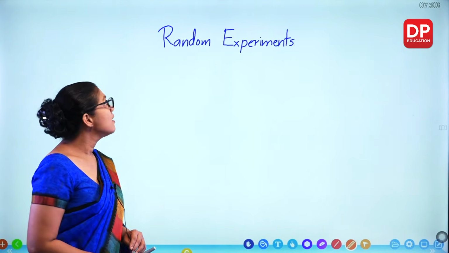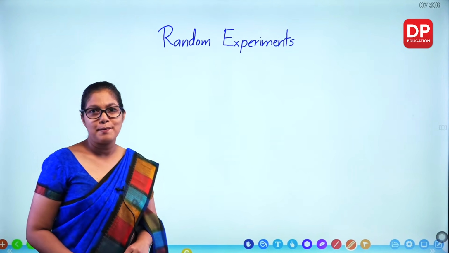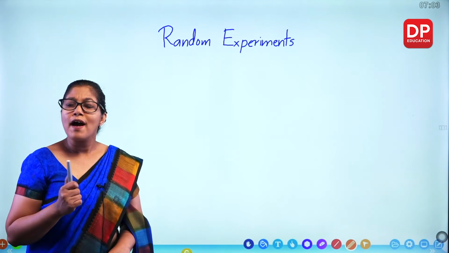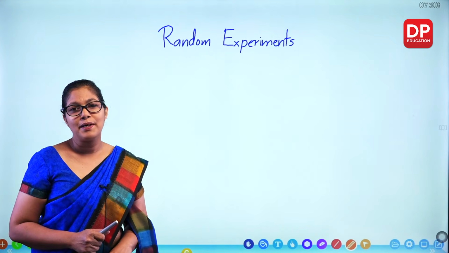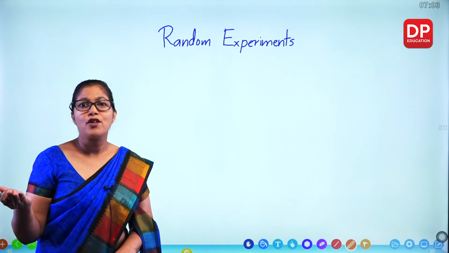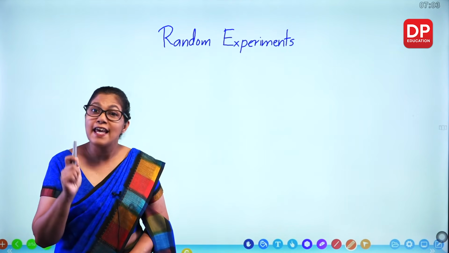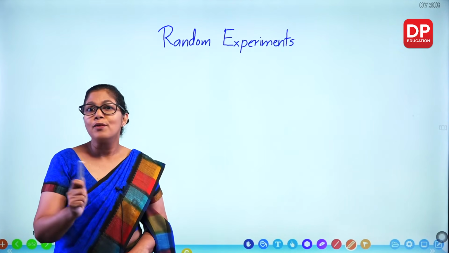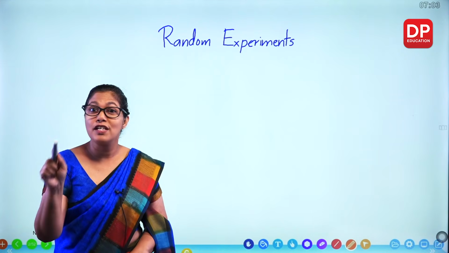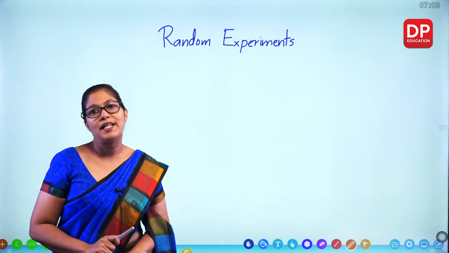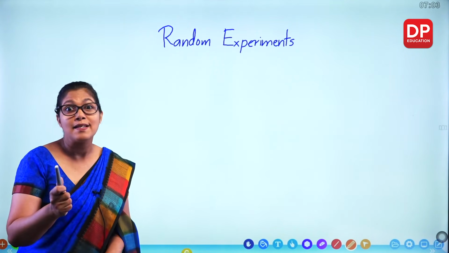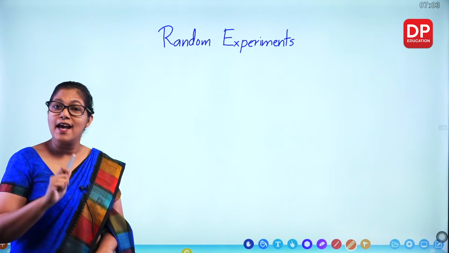Now we'll look at what random experiments are. Now if I say one student get up, we are not sure who will get up. If I say Kevini, you get up, that means she knows that she has to get up. So it's sure that Kevini has to get up.